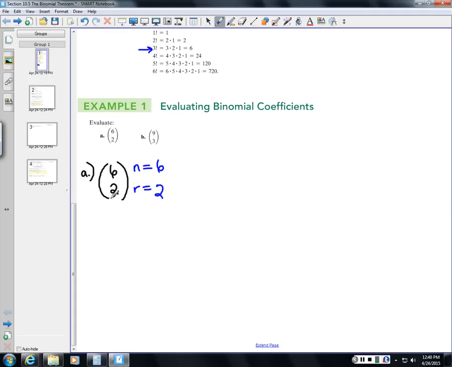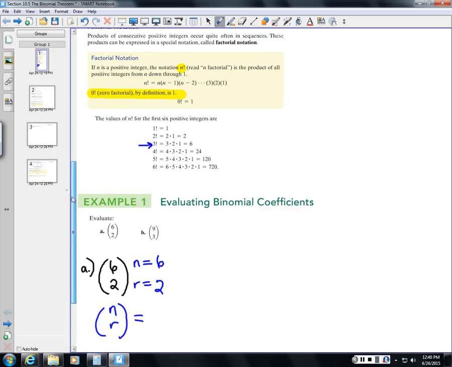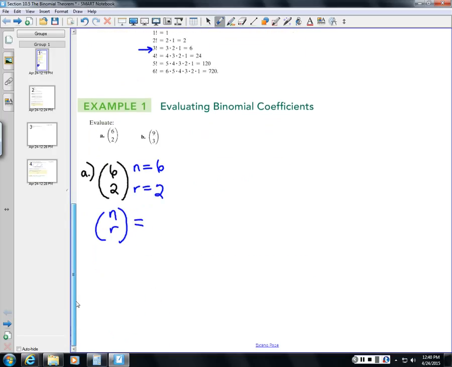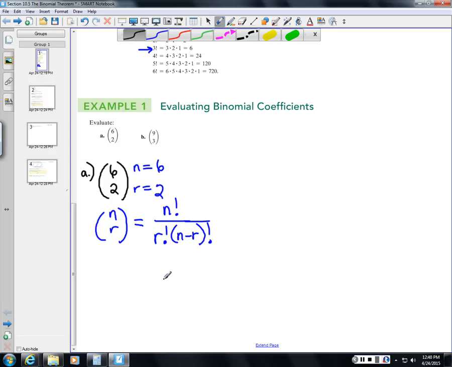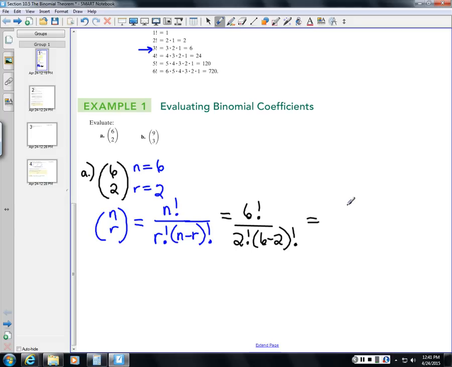Now, since this is n above r, the formula given above is n factorial, the numerator, over r factorial times n minus r factorial. All we have to do is plug this in, and we can simplify fairly easily. This is going to be 6 factorial over 2 factorial times 6 minus 2 factorial, which is 6 factorial over 2 factorial times 4 factorial.